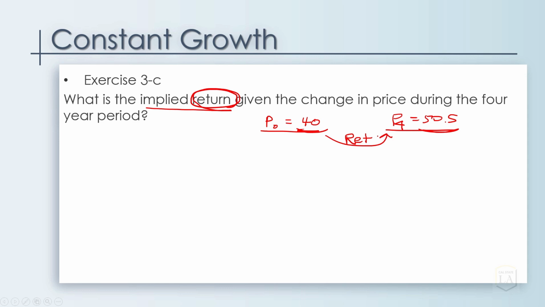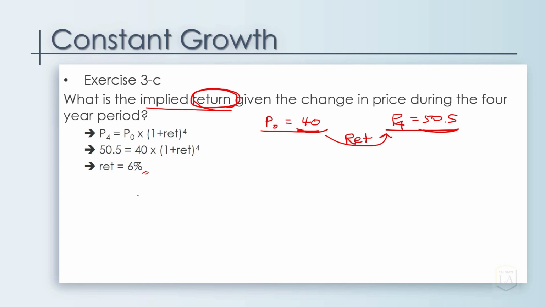And then if you want to figure out the change in price, that growth will be P sub 0 being compounded at 1 plus this RET to the power of 4. And if we look for this return, that would be equal to 6%.